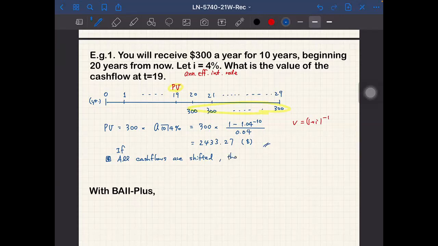So the formula for annuity immediate or annuity due can apply.